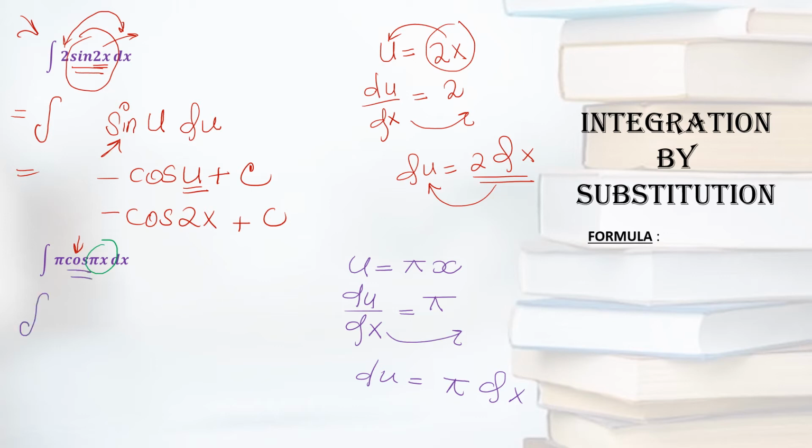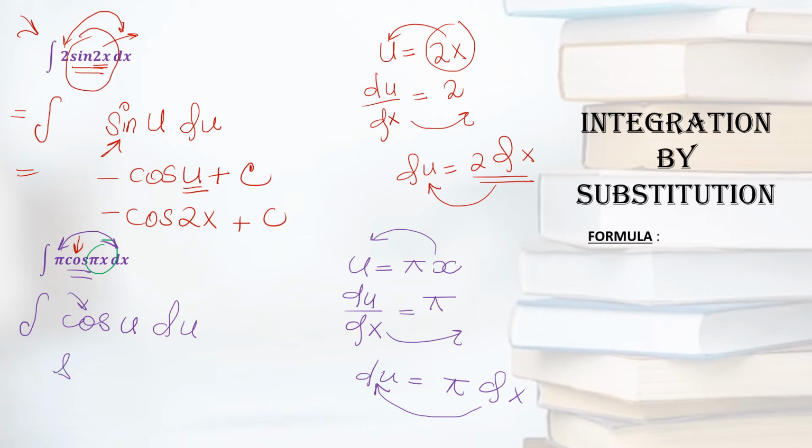Cos, there is no changing of the cos on the other side. So write the cos as it is, and pi x changes into u because you supposed it in the start. Now you have pi dx, which is written in the question, and you know that pi dx became du. So write down the du. Now you know what is the antiderivative of cosine.